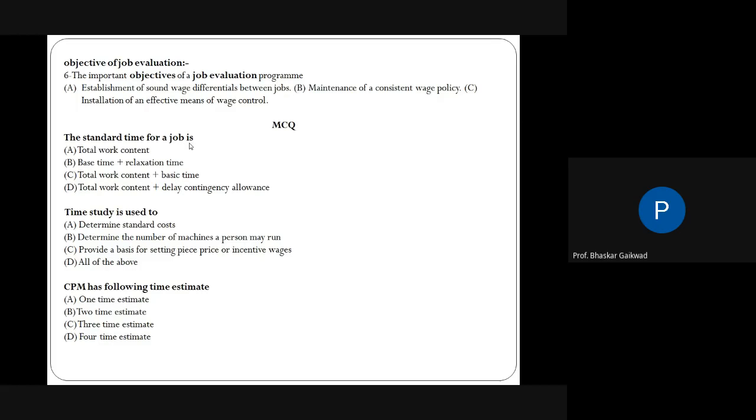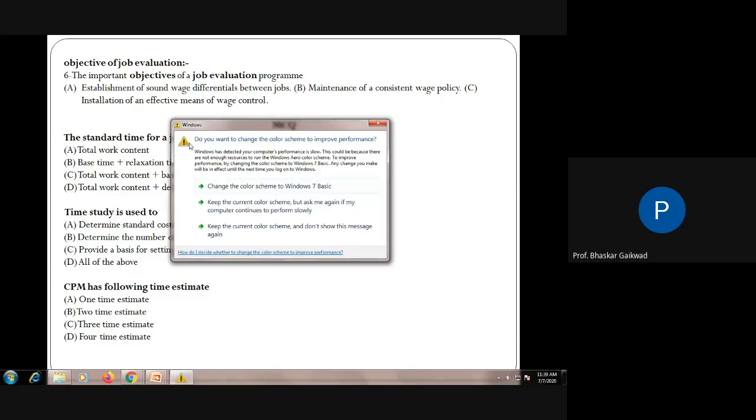For standard time, first of all you have to observe the given work and multiply by the rating factor. The rating factor is present performance divided by standard performance. So you will get the basic time or normal time, and to that you add the allowance. So basic time plus allowance is your standard time.